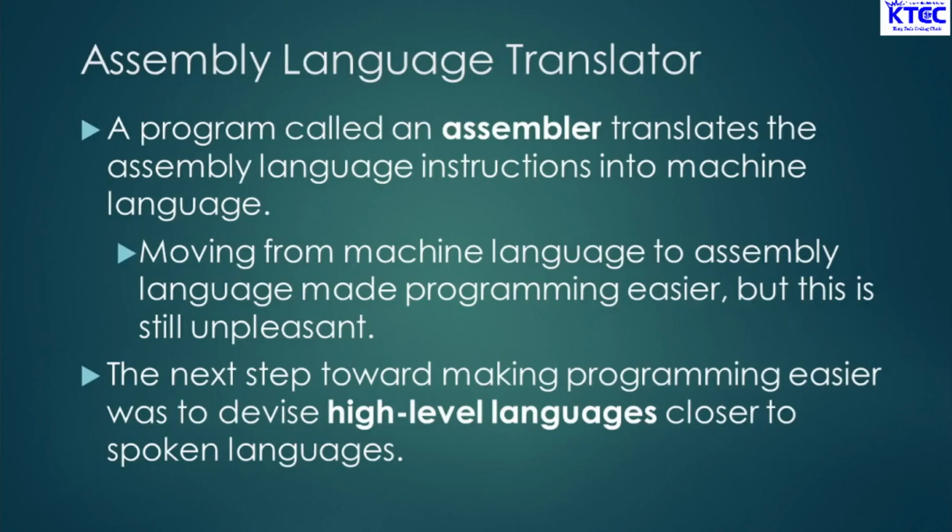So whenever you say add X, the assembler translates it to the combination of zeros and ones, which says add X, for the computer to be able to use. Now, moving from machine language to assembly language made programming easier. So moving from these zeros and ones to the mnemonics in assembly language, it makes it a bit easier. But then still unpleasant for us to learn.